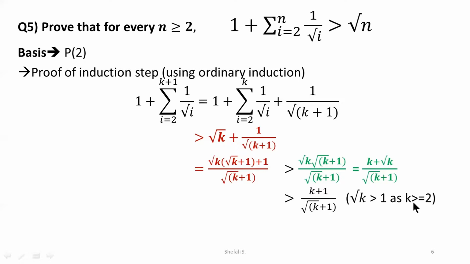So for any k greater than or equal to 2, root k is always greater than 1, and hence we can maintain this particular relation. And with this relation, this is greater than or equal to k under root of k plus 1 as the term, which is the requirement. And I think we have proved the particular series.